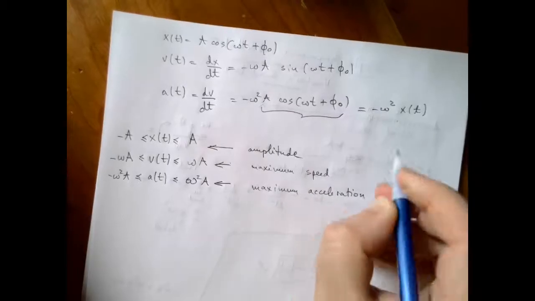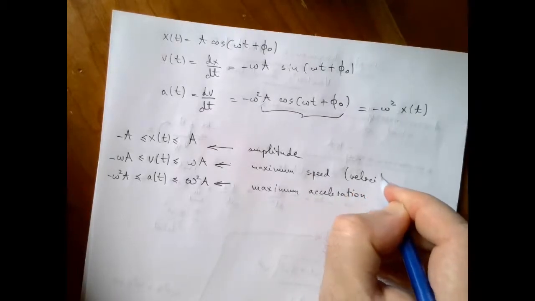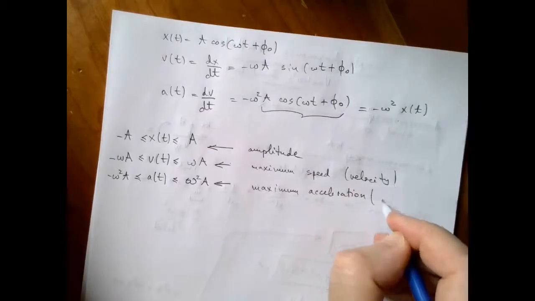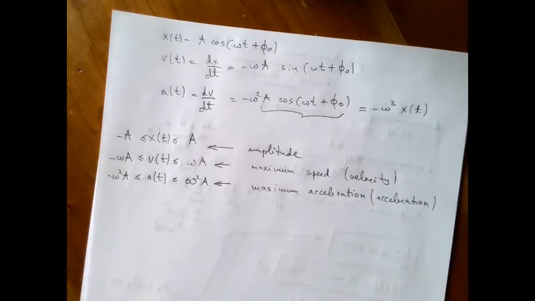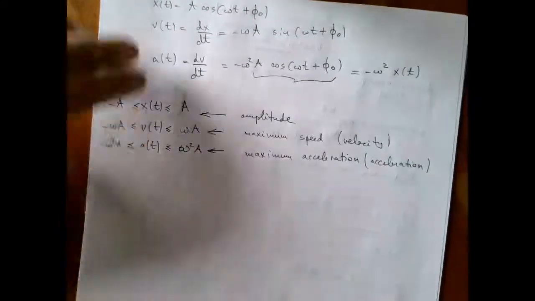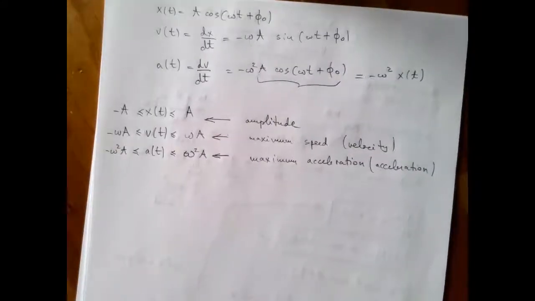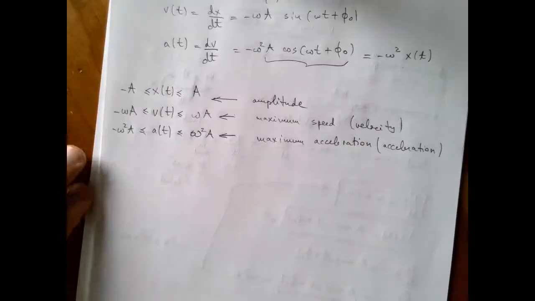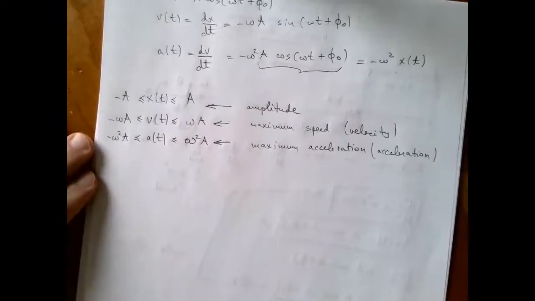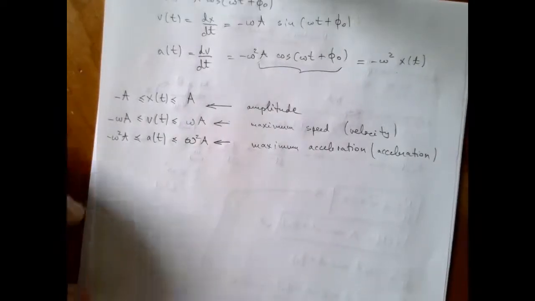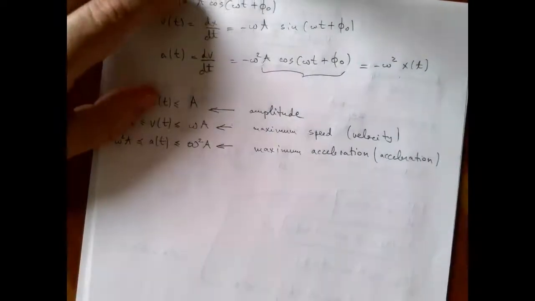But, of course, these are vectors, so every time we do that, we have to be careful whether we are talking about the magnitude, which is the speed and acceleration respectively, or the direction. In that case, we have velocity and acceleration. We don't have a name for the acceleration vector. So let's see how this works in our problem.